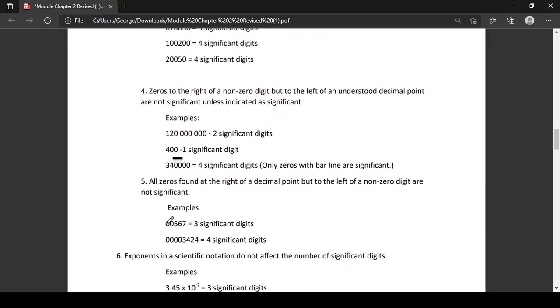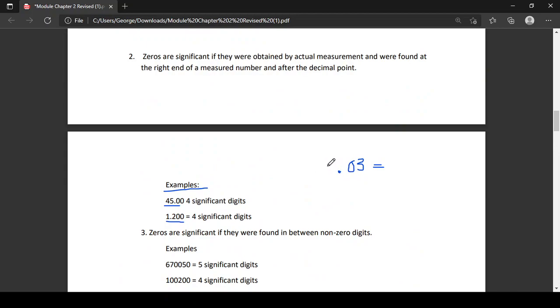So for 0.003, the zeros are not significant. Only the 3 is significant. Therefore, only 1 significant digit.